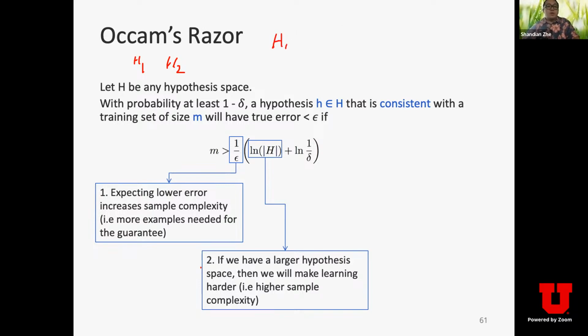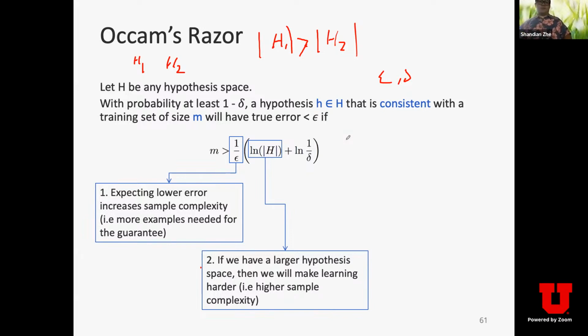Suppose you consider two hypothesis spaces, where the first is bigger than the second. Given the same epsilon and delta, so I expect my generalization error to be epsilon and the probability level to be delta for both hypothesis spaces, which one will lead to a larger sample complexity bound?